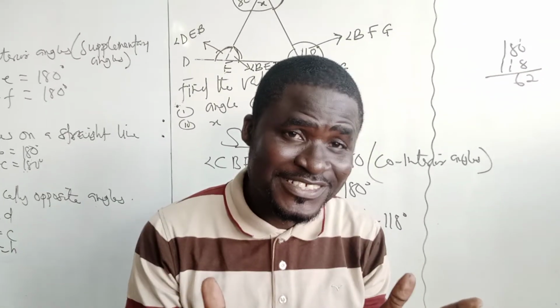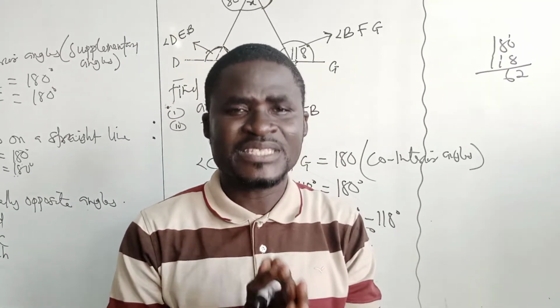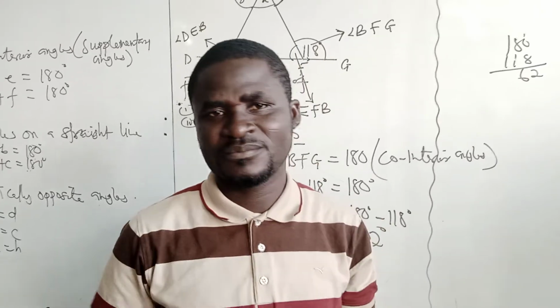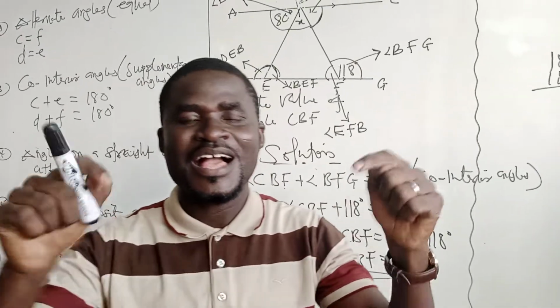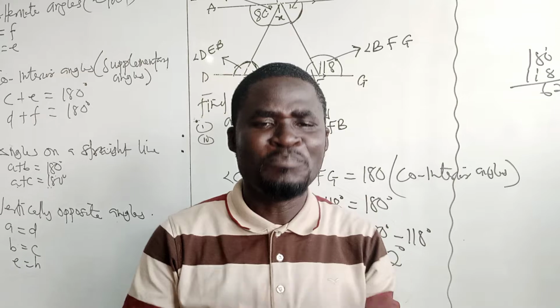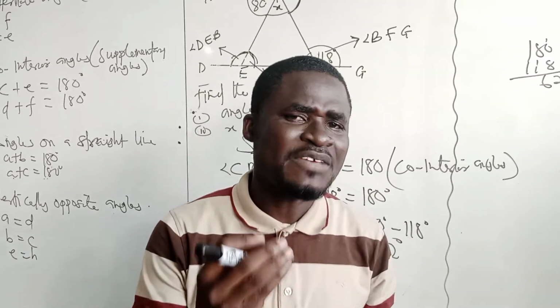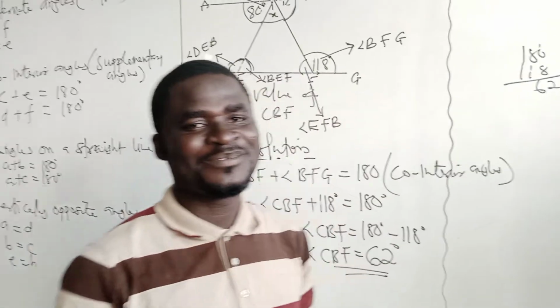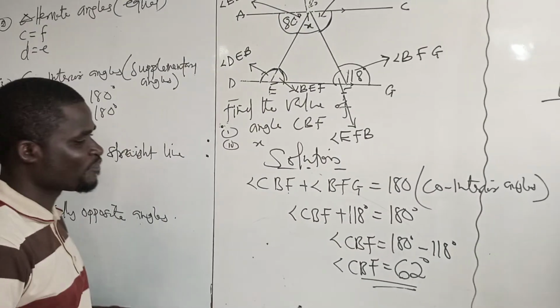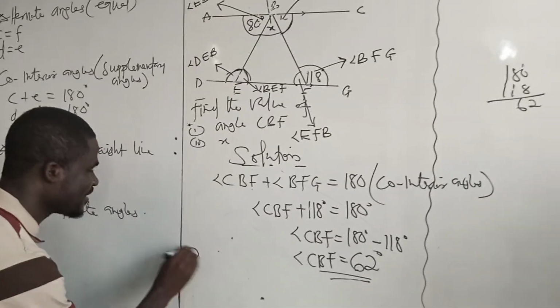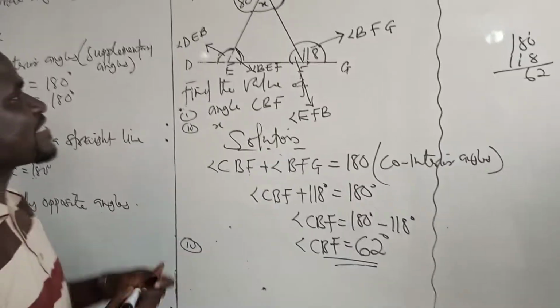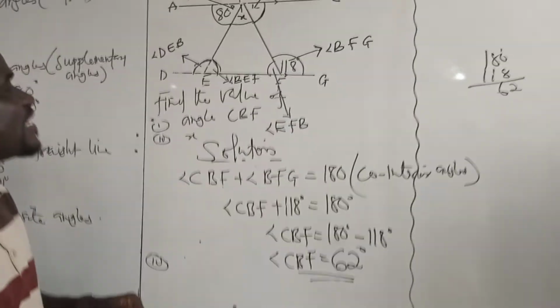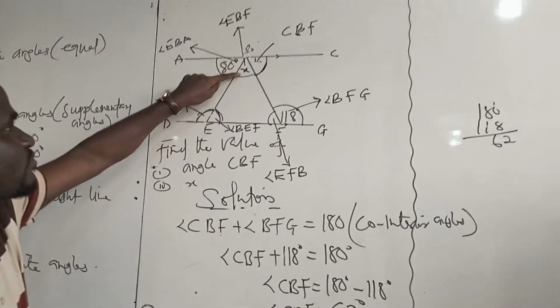Is it difficult? No. Please tell yourself, I can do it. Believe in yourself. Have self-confidence. Let's go. Let's go to question two. It says find x. Where is x? This is my x.